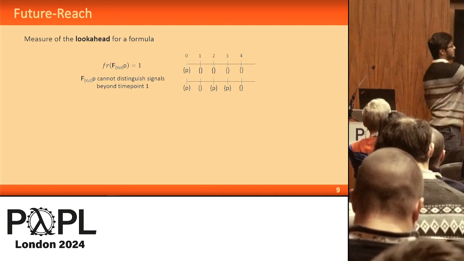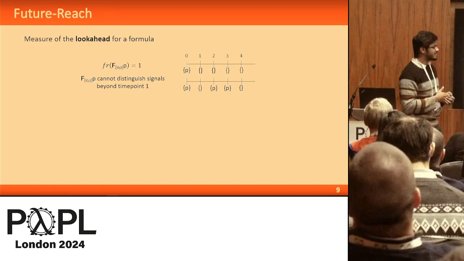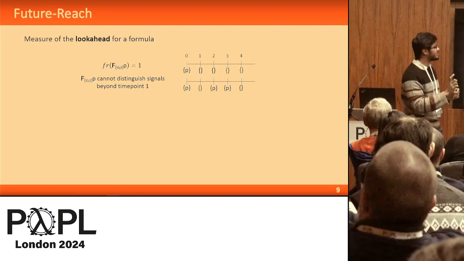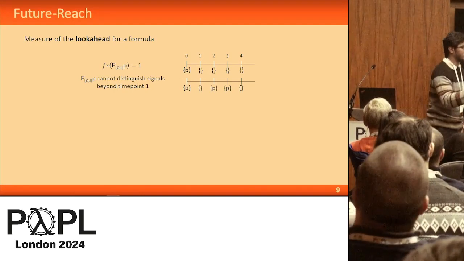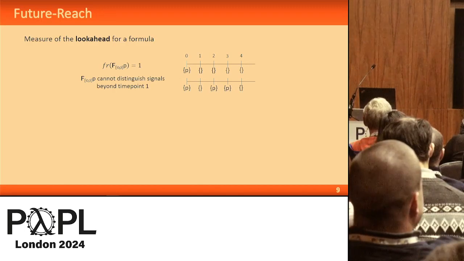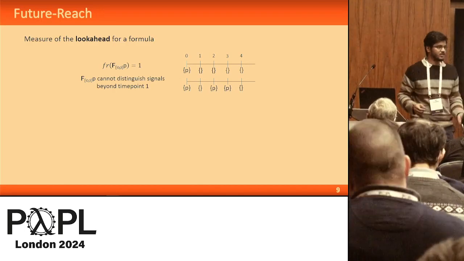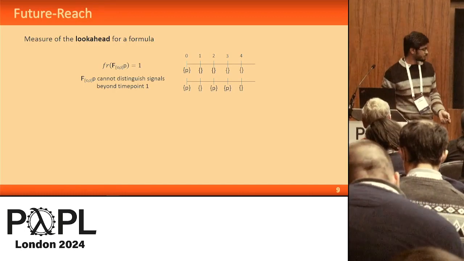So for example, the future reach of f01p is 1, which means that f01p cannot distinguish signals beyond time point 1. So if you have two signals which are exactly identical in the first time point, then they would have the same satisfaction for f01p.